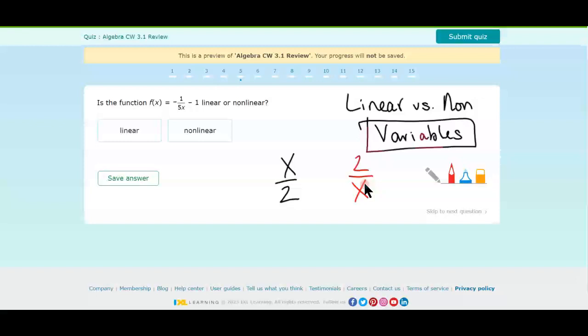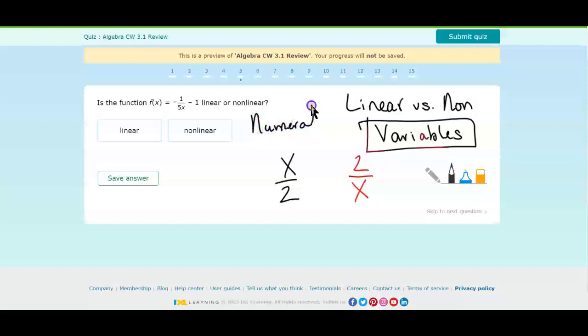And why? And here's a little saying we came up with to help remember. The problem is not that there's a fraction. Fractions by themselves are okay. The problem is, where is the variable? And we came up with this to help us remember.